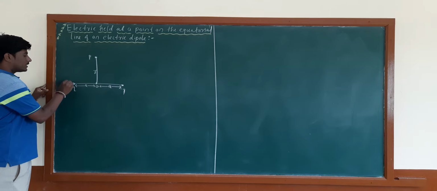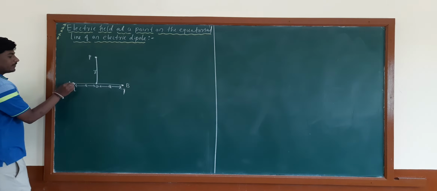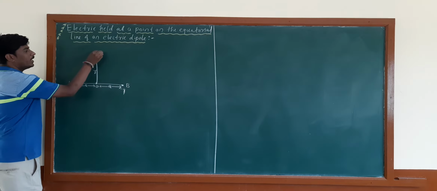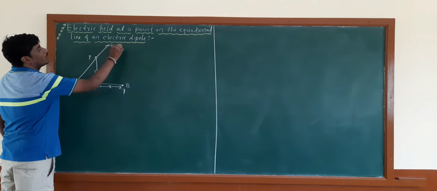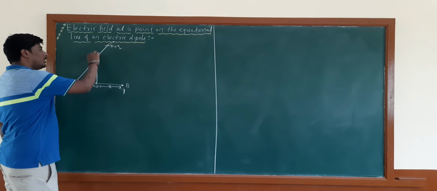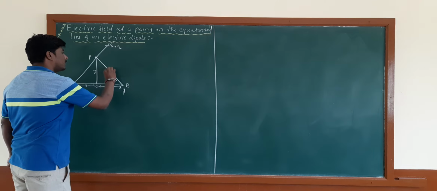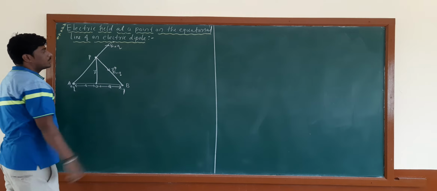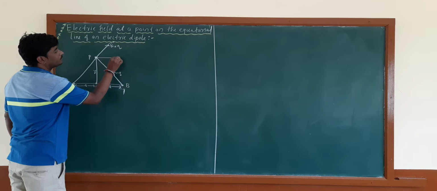We will name the charges A and B. The electric field due to the positive charge is away from the charge, so it is E plus Q. Then the electric field due to the negative charge is towards the charge, so it is here E minus Q.